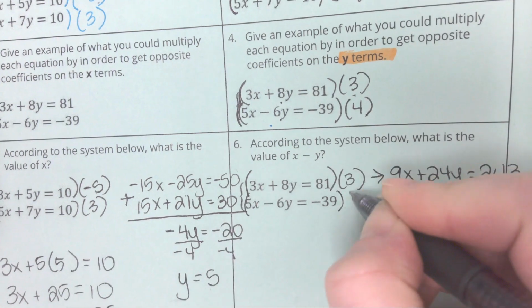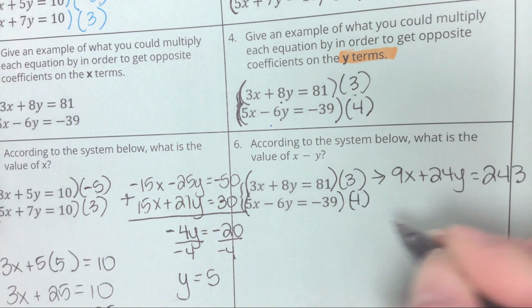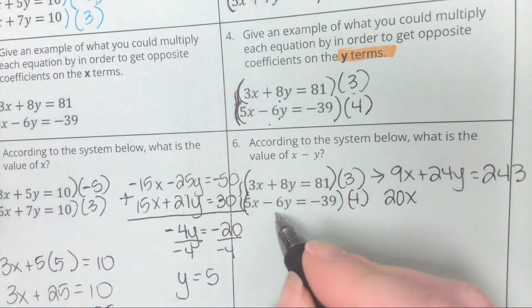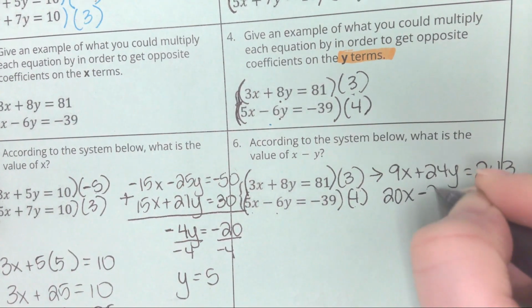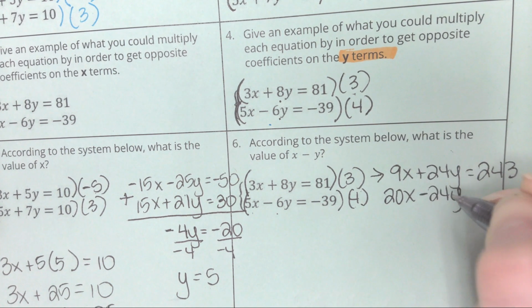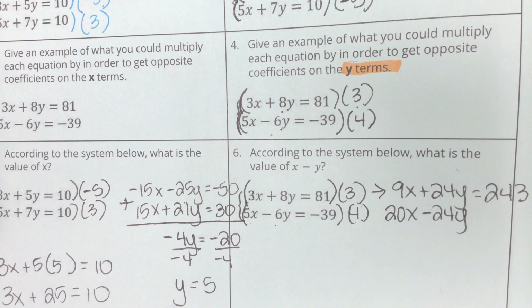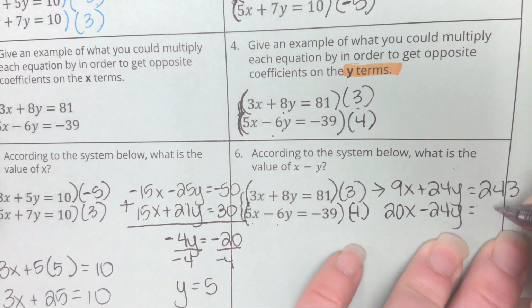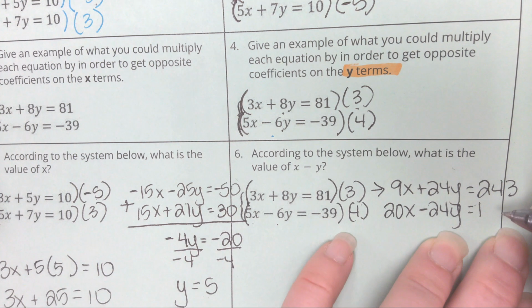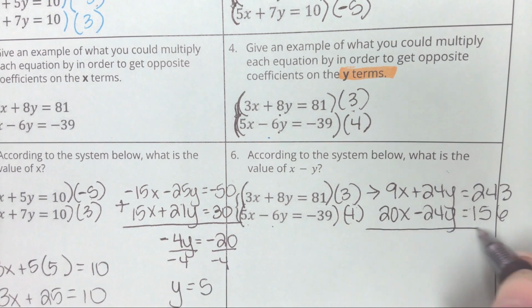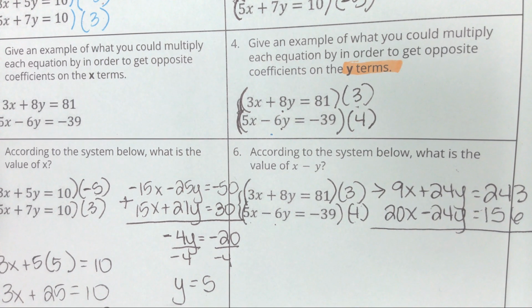On the bottom, let's do the 4. 4 times 5x, we get 20x minus 24y. That's what we wanted to get those y's to cancel. And then I need some help on 4 times negative 39. Negative 156. Okay. Now, I understand these are bigger numbers, but you should get something that works out nice here.